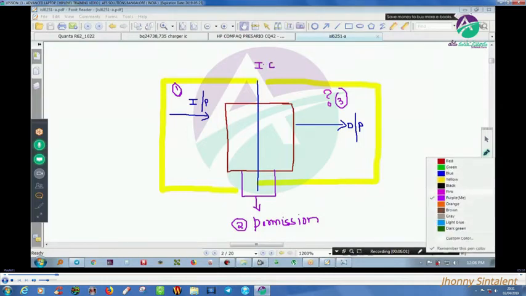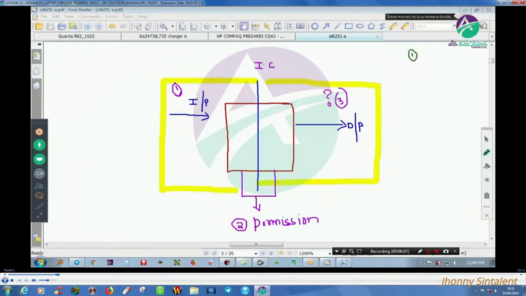If you put it step by step, I'll start from the left. I need a voltage, I need a ground to complete the circuit. I need all requirements.